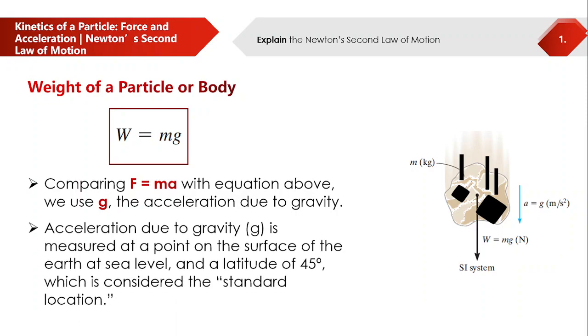And acceleration due to gravity is measured at a point, take note, on the surface of the Earth at sea level and a latitude of 45 degrees, which is considered the standard location. So mag-iiba-iba yung gravitational acceleration mo if above sea level, below sea level, ganun.